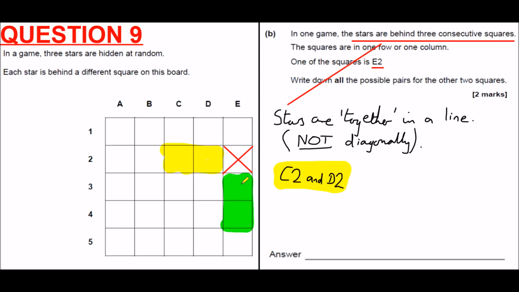If they were down here, they'd all be in the same column going down. So another option is that the other two squares could be in these two here. So that would be E3 and E4.